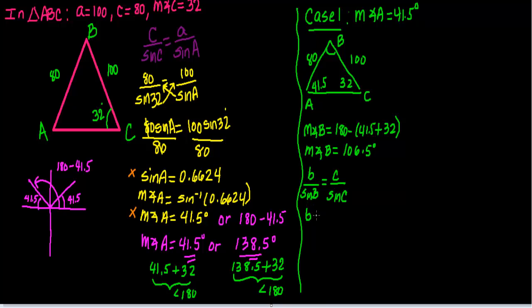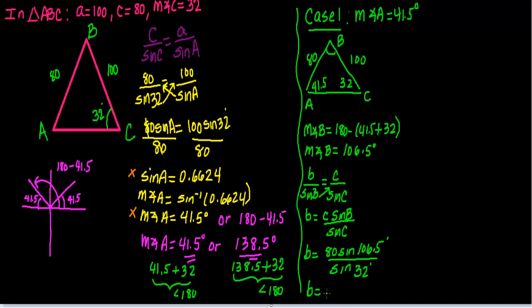So if I solve for b and cross multiply, b will equal c sine of B over sine of C. So b will equal 80 times the sine of 106.5 divided by the sine of C, which is 32 degrees.